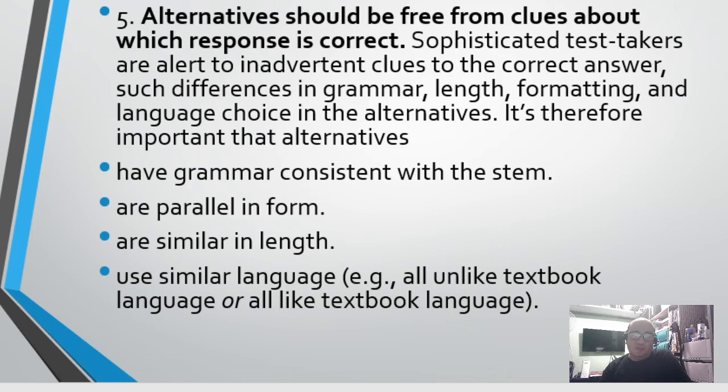Therefore, it is very important that the alternatives have grammar consistent with the stem, are parallel in form, as much as possible are similar in length, and use similar language. This is for the students not to easily identify the correct answer from among the options.